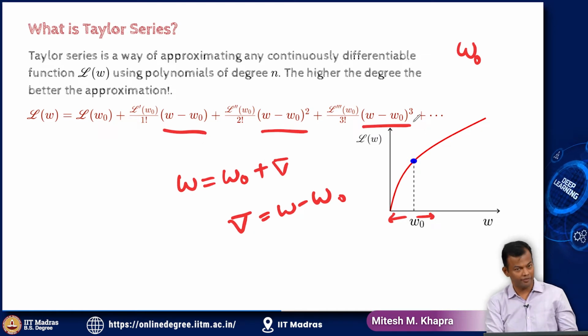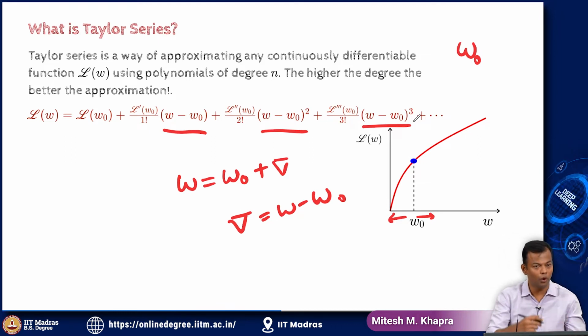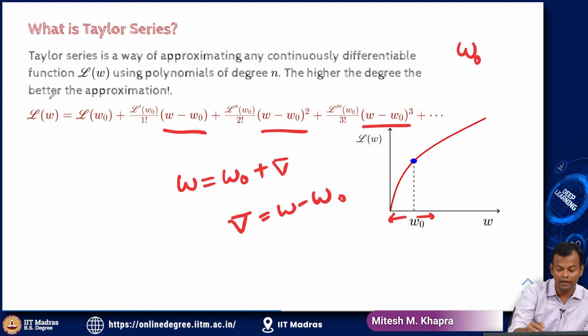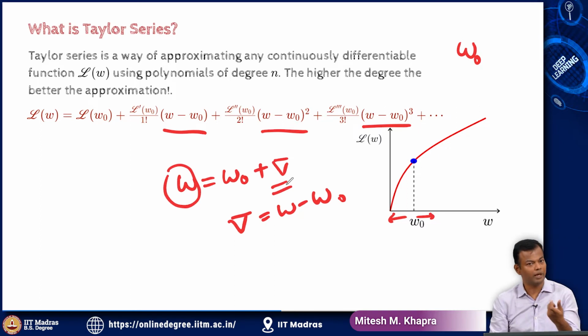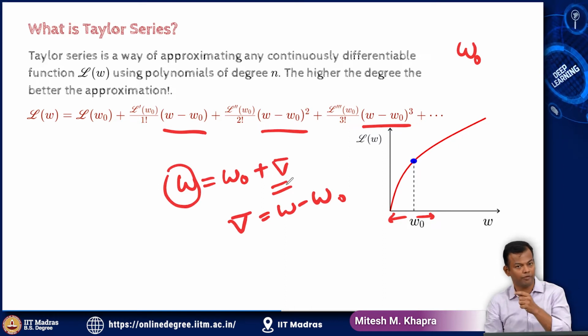If I know the value of the loss at a certain point, then I can approximate the value of the function in a neighborhood around that. What do I mean by that? If this delta is very small, then w lies in the neighborhood of w naught. So in that neighborhood, I can approximate it by using this formula.